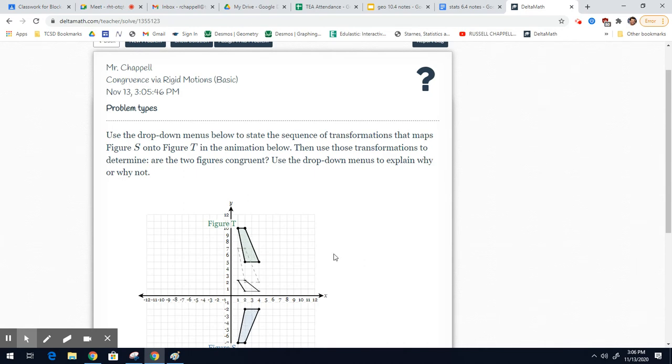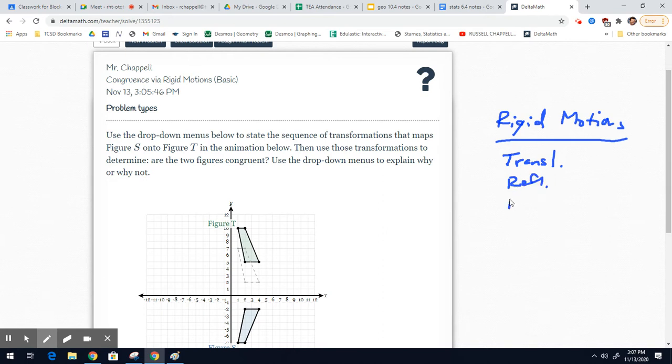So again, just quickly, the idea here is that rigid motions keep things congruent, right? I think it's because of the animation, so slow. Sorry about this. I'm going to use abbreviations just because of the lag. So translation, reflections, or rotations.